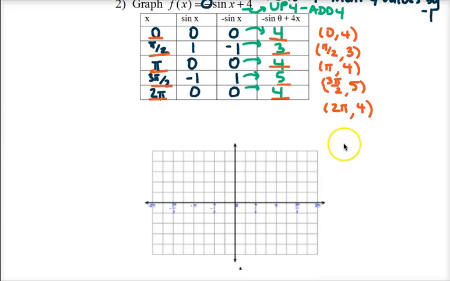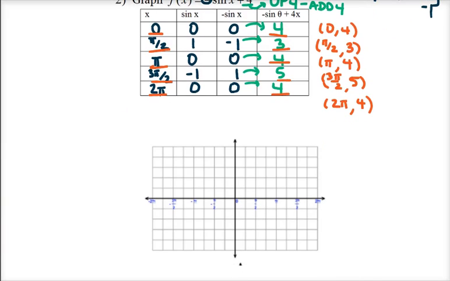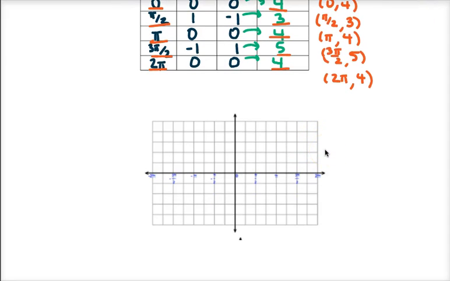Okay. So now I go ahead and plot those. Alright, so I'm going to plot 0, 4, pi over 2, 3, pi, 4, 3 pi over 2, 5, and 2 pi, 4. And this is what your curve's going to look like.